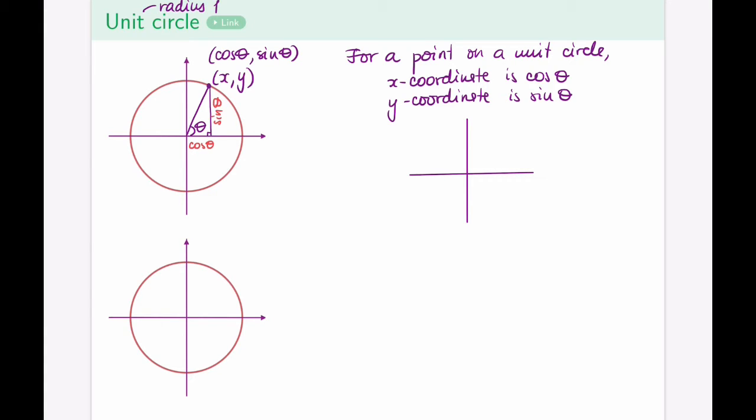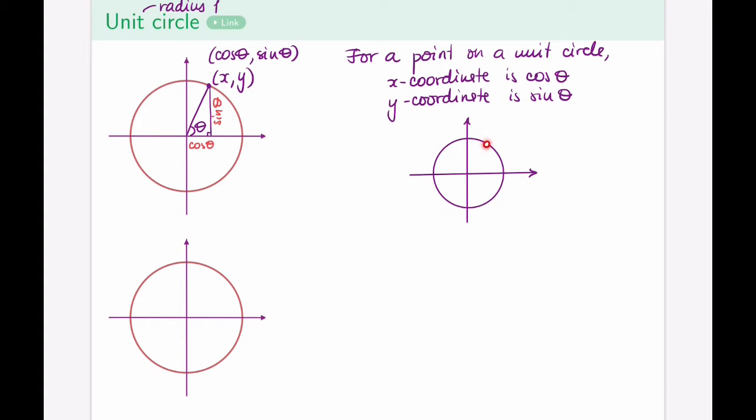So let's draw another unit circle here and talk about the signs of the sine and cosine. As the point travels around the unit circle, I can think about what sign, positive or negative, it has in the various quadrants.